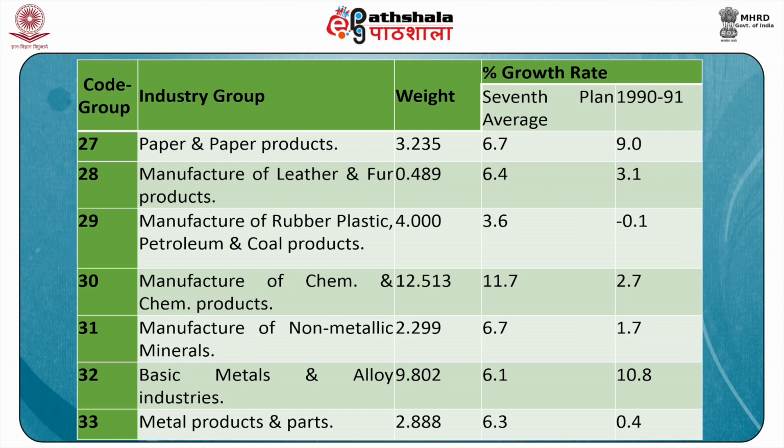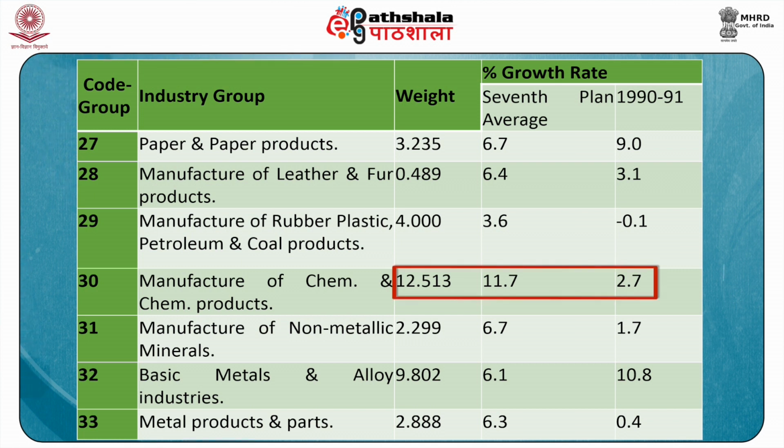Manufacture of rubber, plastic, petroleum and coal products of weight 4.0 had a growth rate of 3.6% in the 7th 5-year plan and minus 0.1% in 1990-91. Next, manufacture of chemicals and chemical products. It weighted 12.513, and in the 7th 5-year plan it had a growth rate of 11.7% and 2.7% in 1990-91.